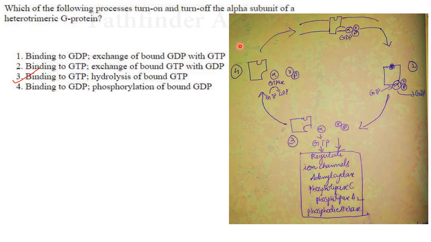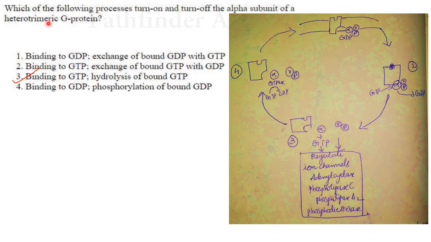Once the ligand is removed from the receptor, the GTPase activity present in the alpha subunit hydrolyzes GTP to GDP. Once alpha becomes bound to GDP, the alpha, gamma and beta subunits join and remain in the heterotrimeric form like how it was in the beginning. So that is the cycle.